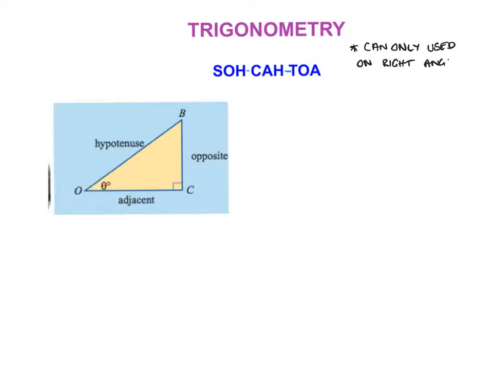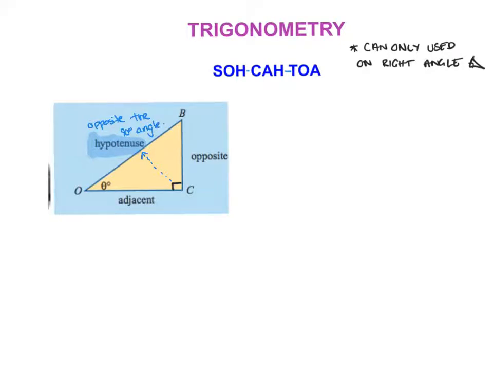That's when we know that it has that right hand 90 degrees there. When we use these rules, we need to label up the sides. The first side is the hypotenuse, which is always opposite the 90 degree angle.